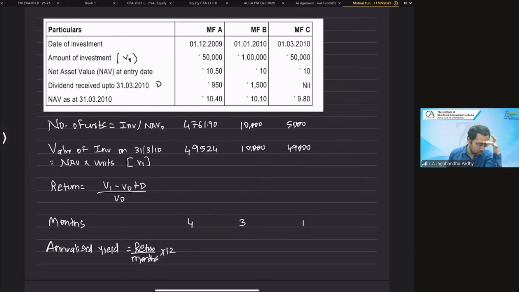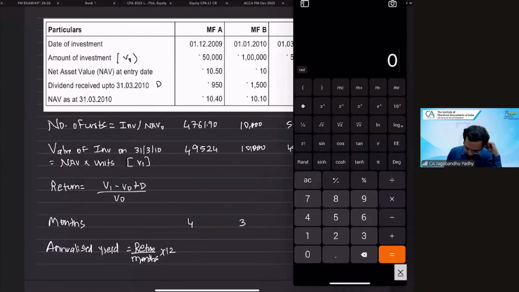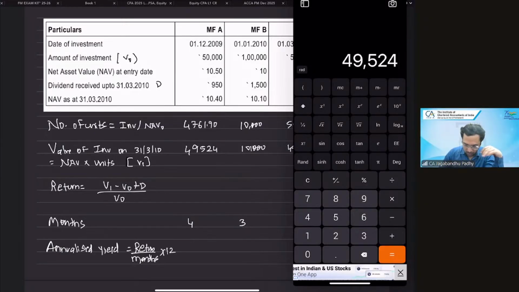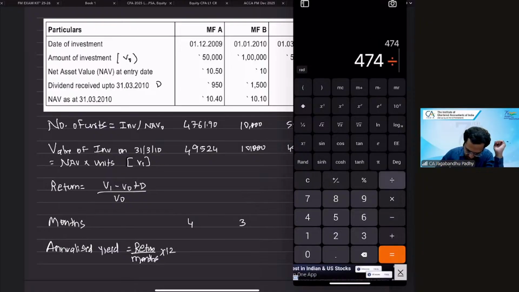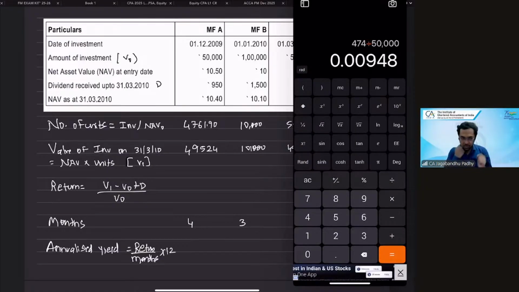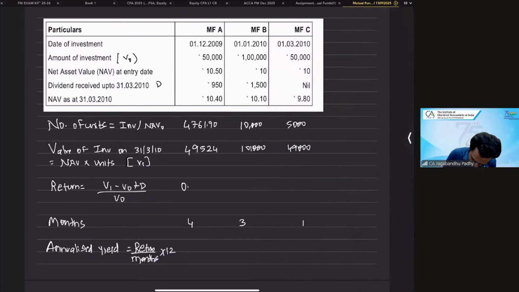Now, what about the rate of return? Did we calculate the rate of return, guys? Yes, sir. In the first case, 2.84% annualized. The return for the time period is 49,524 minus 50,000 plus 950 divided by 50,000, that is 0.95%.